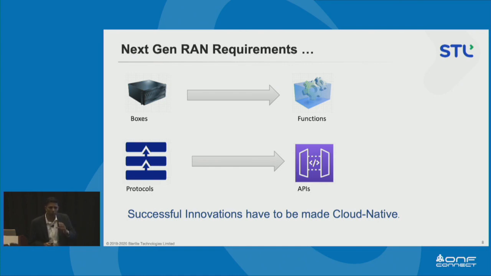But then in this era, it has to go cloud native to ensure that it succeeds in the ecosystem. And that's why these are two of the important properties of a cloud native solution. There are others, but these are some of the key things that one should think about.